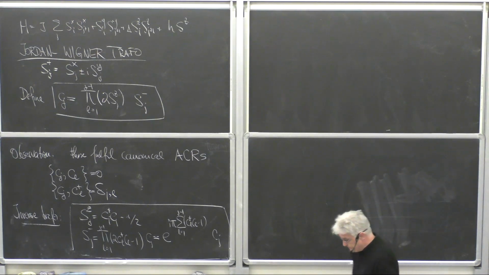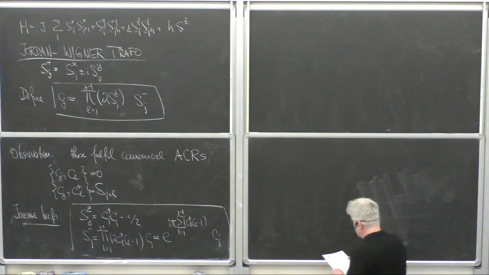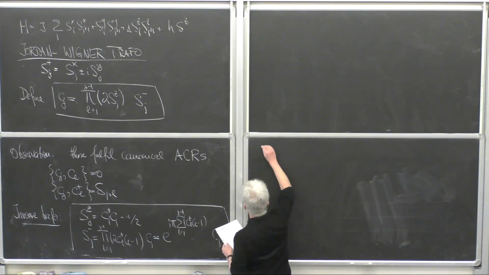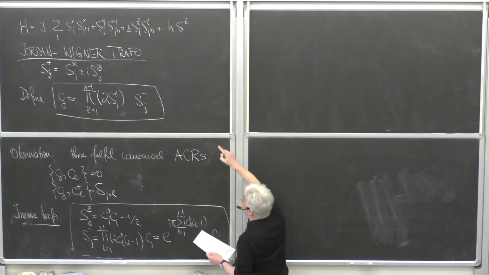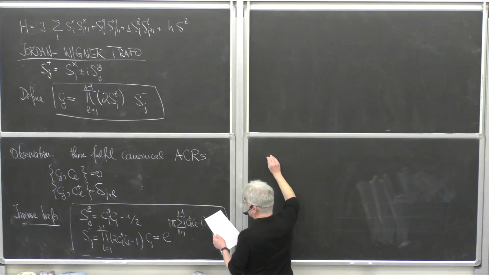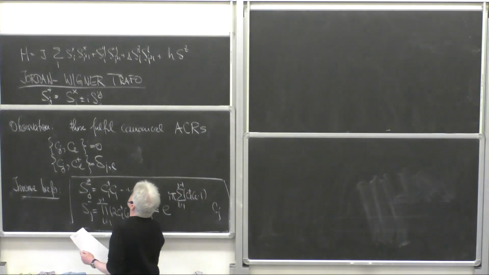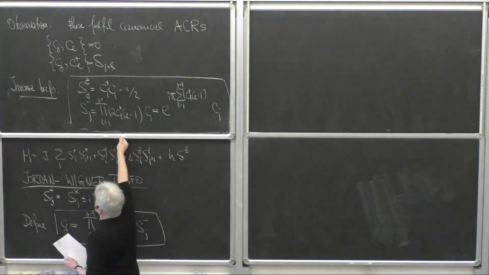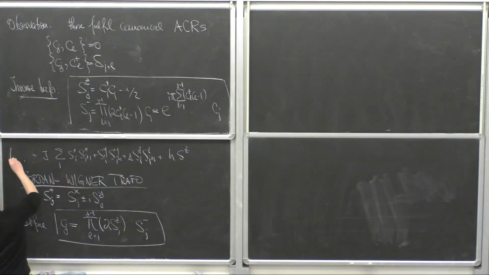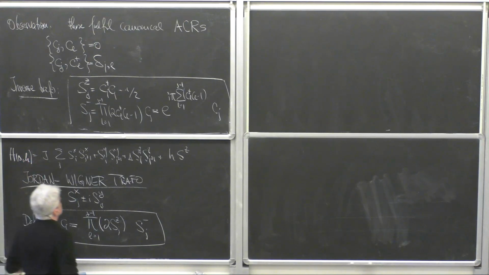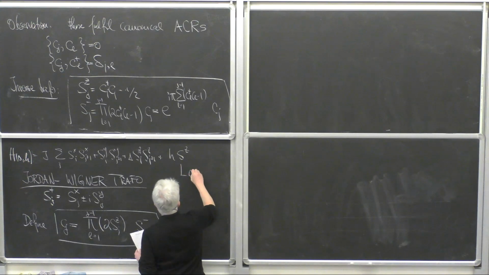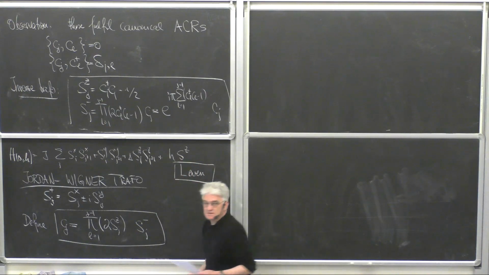So now we apply this to the Heisenberg Hamiltonian. Let me call this H of delta. And I will assume, just for definiteness, that L is even.